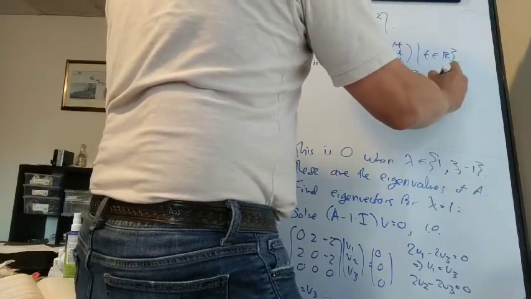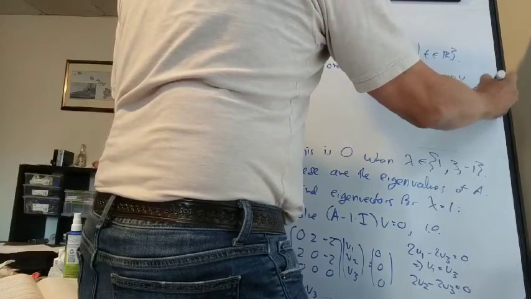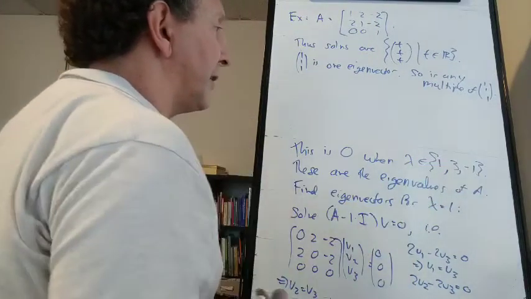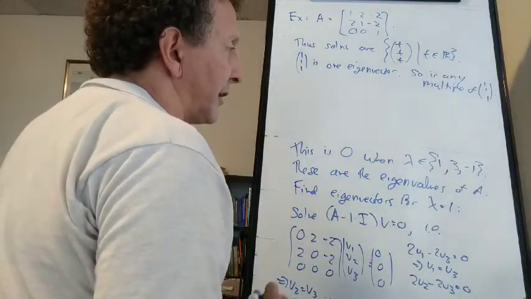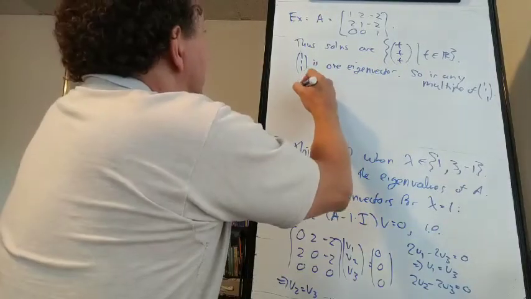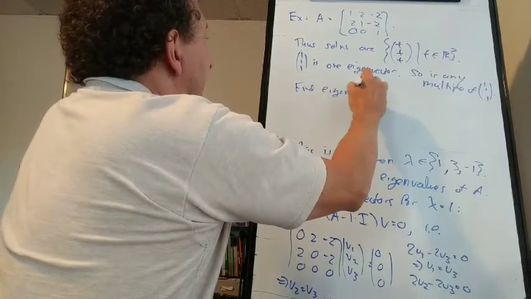And so is any multiple of that. All right, then we can look for the eigenvectors for eigenvalue 3.